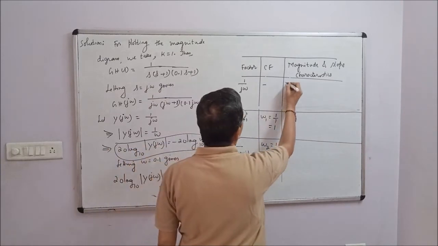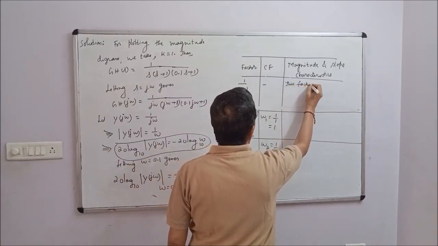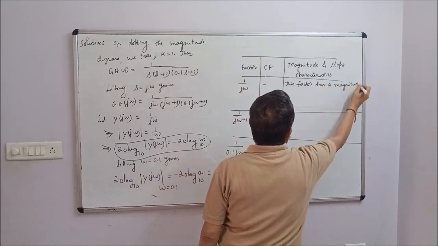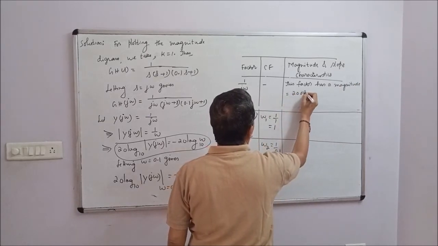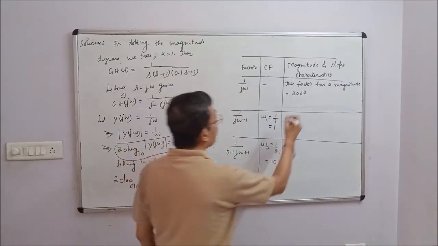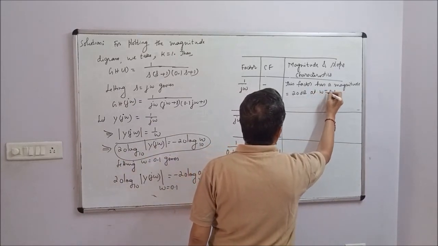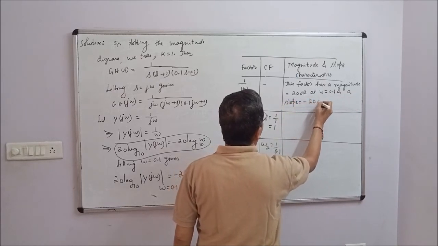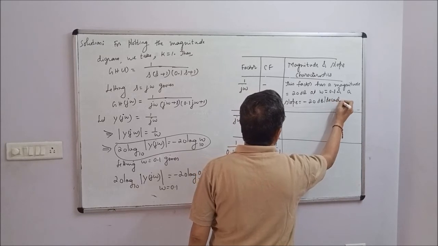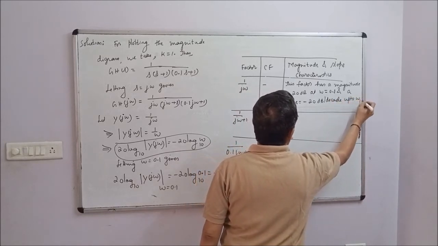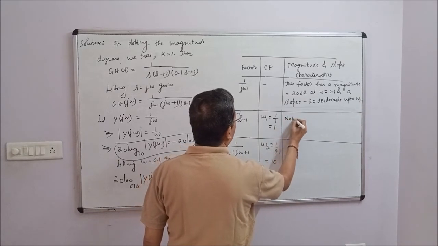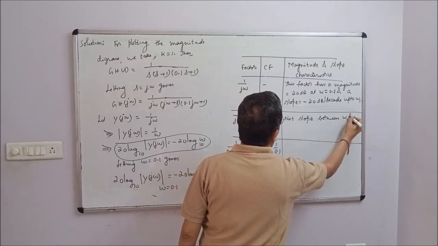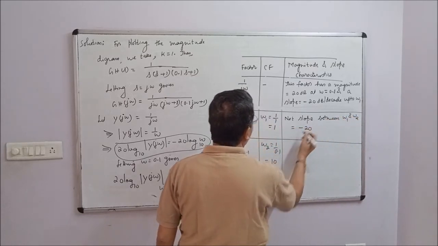I am going to write here: this factor has a magnitude equal to 20 dB, which was calculated here at omega equal to 0.1, and a slope equal to minus 20 decibels per decade up to omega 1. Next, net slope between omega 1 and omega 2 equals previous slope, which is minus 20.